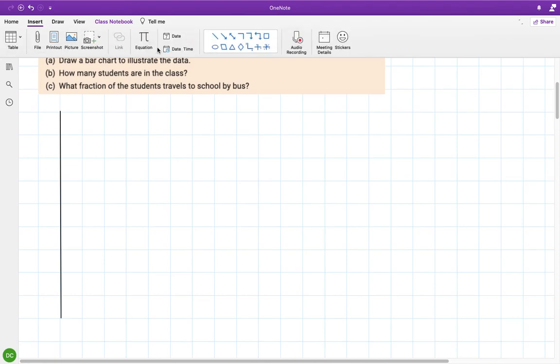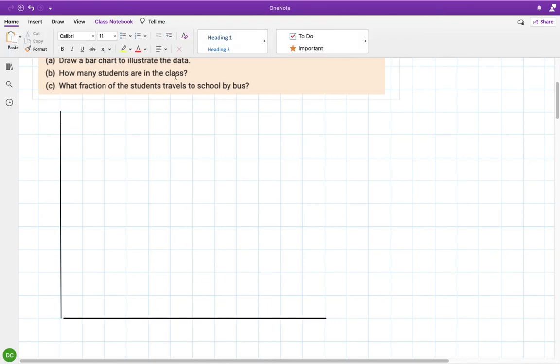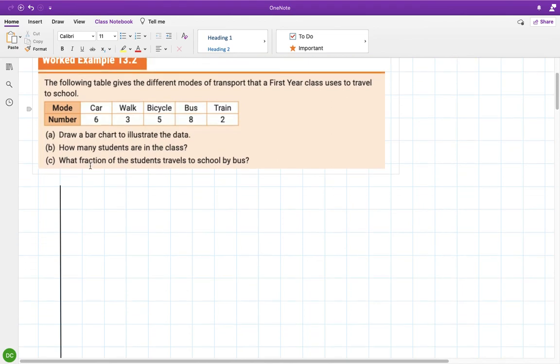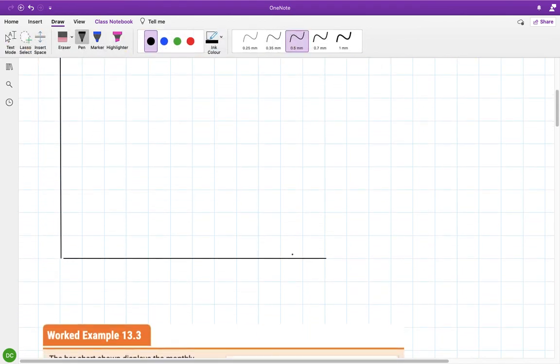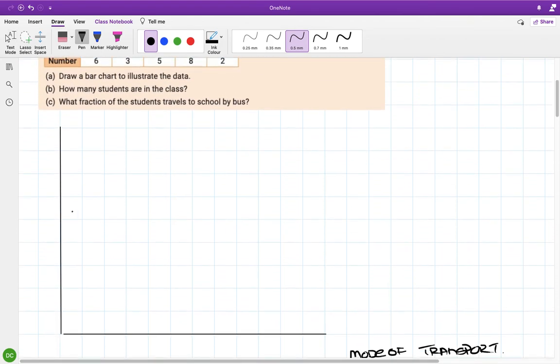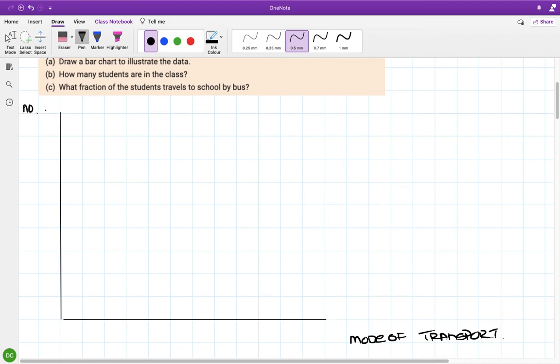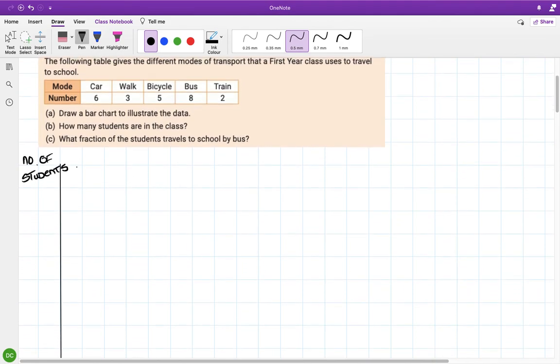And then I'm going to insert another line going across the bottom. Okay. So you're going to need to say what you're putting in each place. So down the bottom here, I'll be putting mode of transport. And up the side, I'll be putting the number of students.